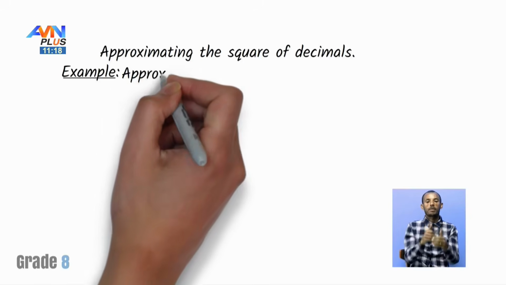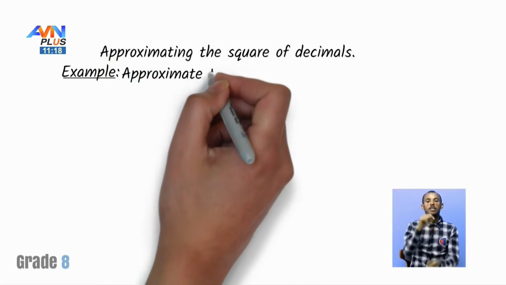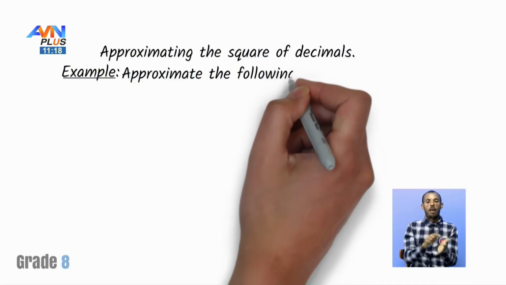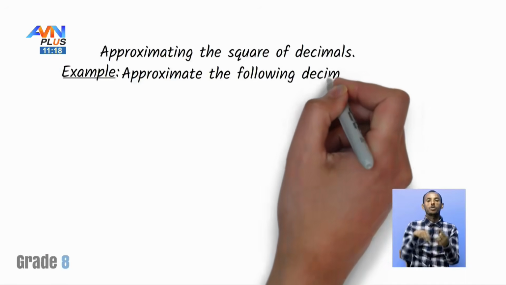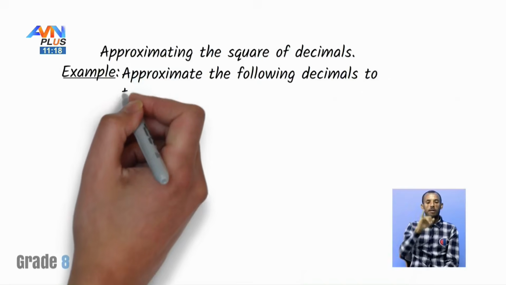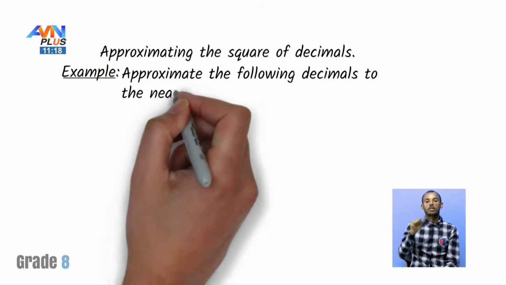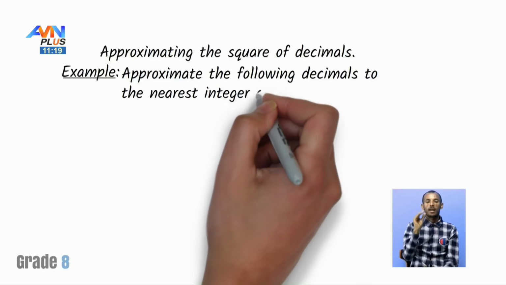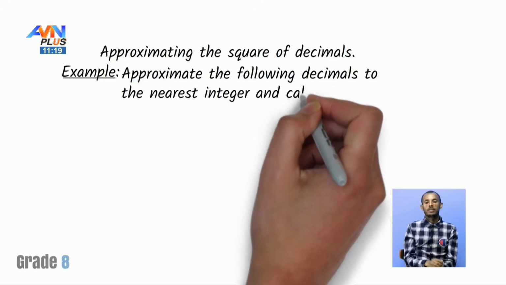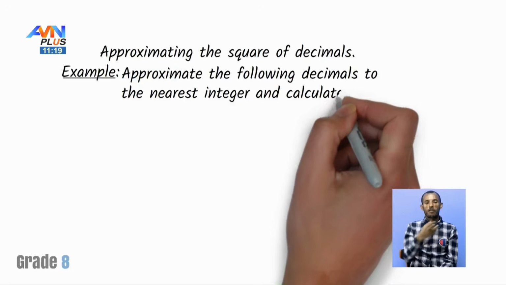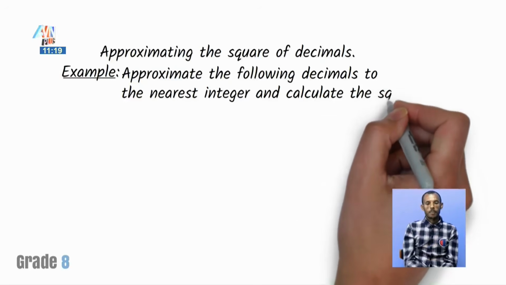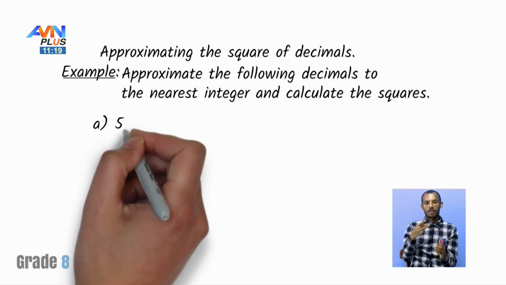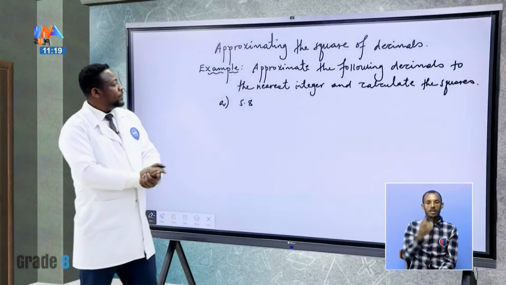Approximate the following decimals to the nearest integer and calculate their squares. Let's take a number like 5.8.